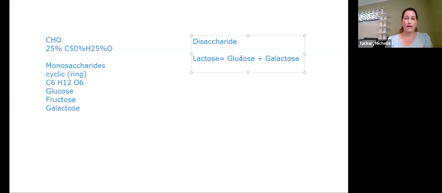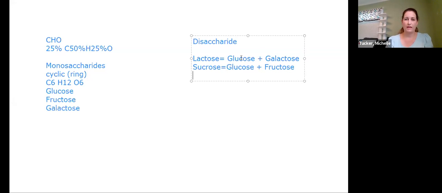You also would have ingested sucrose, which is glucose and fructose that have been combined.